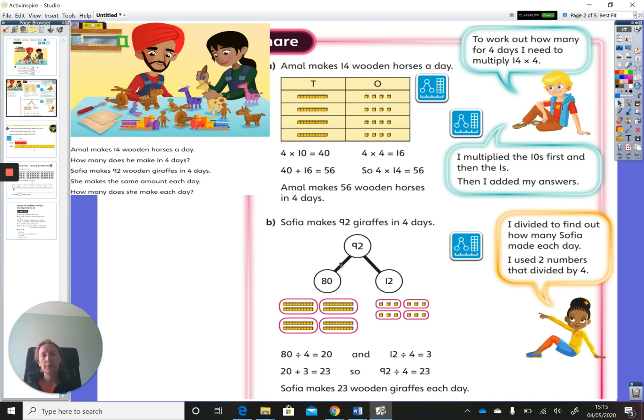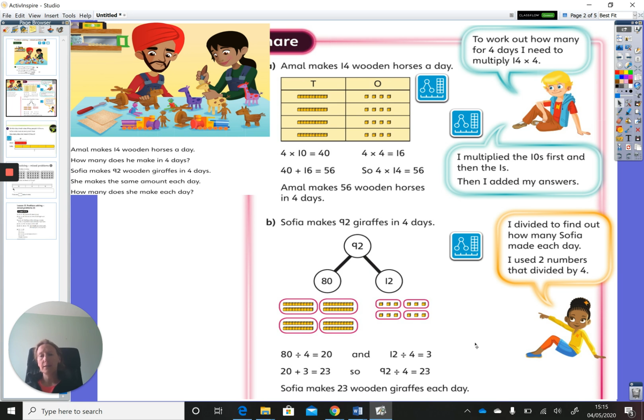So they have done 80 and 12, because of course 80 divided by 4 equals 20, and 12 divides by 4 nicely as well and equals 3. So 20 plus 3 equals 23. So Sophia made 23 wooden giraffes each day.